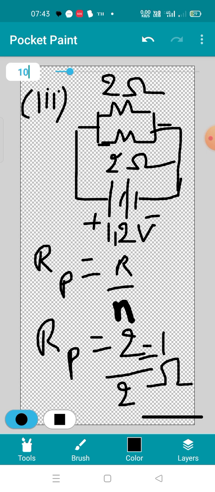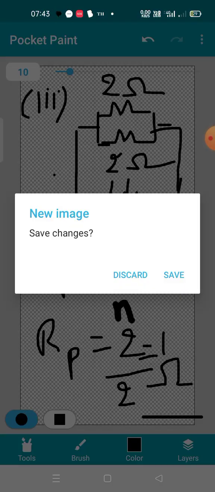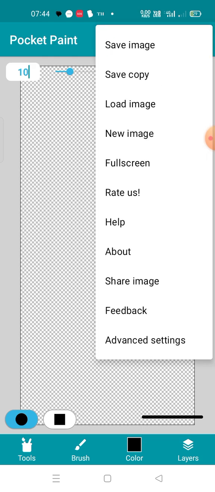If you want, you can even use the formula 1 by Rp is equal to 1 by R1 plus 1 by R2, or even the formula Rp is equal to R1 R2 divided by R1 plus R2. All these formulae are available in the list of formulae which I have made in one of the videos. Now let's continue to calculate the heat produced in the combination of these resistors.